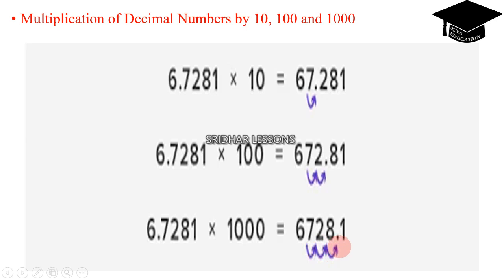So after 3 places we have to put the decimal. This is how we are going to multiply decimal numbers by 10, 100 or 1000.